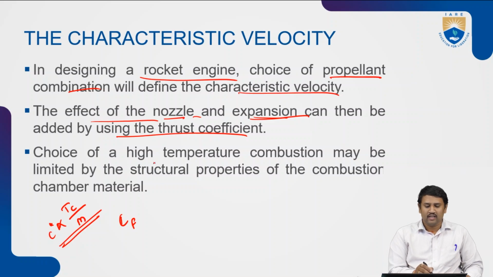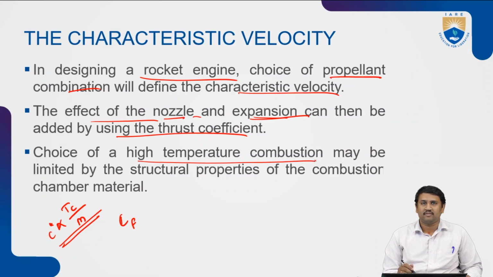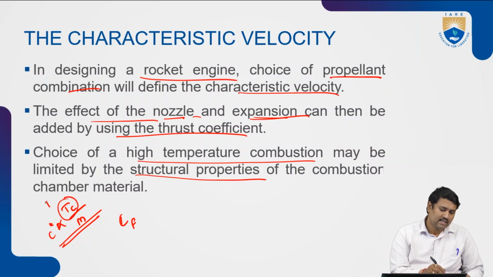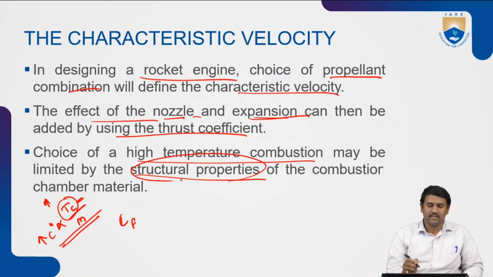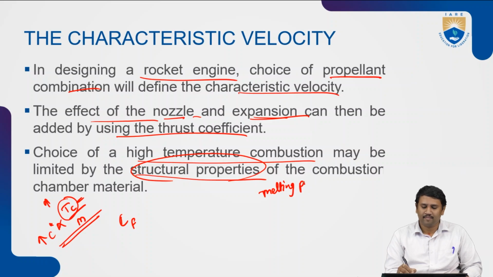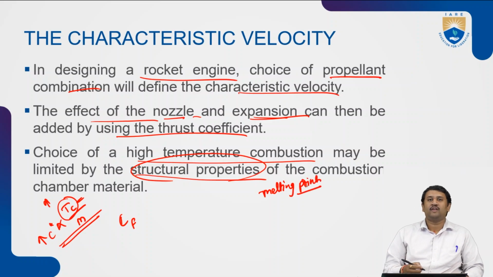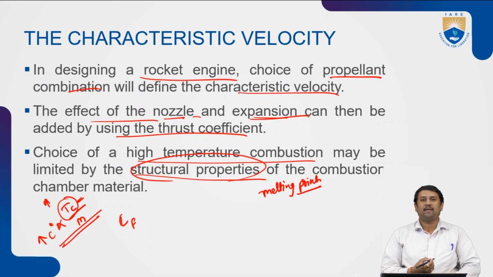Right? The choice of high temperature combustion may be limited by the structural properties, because as the temperature increases, the characteristic velocity increases. Now, due to this, what happens? The temperature is limited by the structural properties, particularly the melting point of the material that is being used in the combustion chamber. So, let's say the temperature is greater than the melting point of the material itself, what happens?